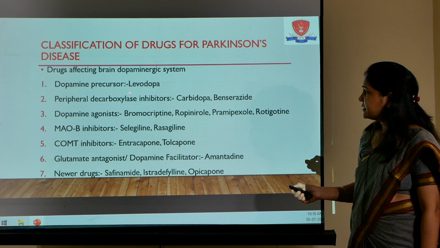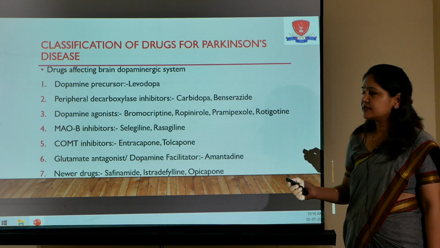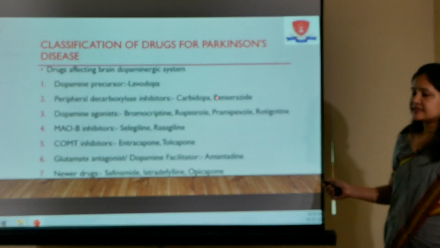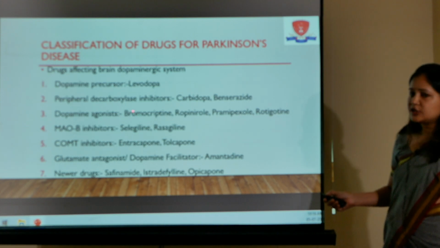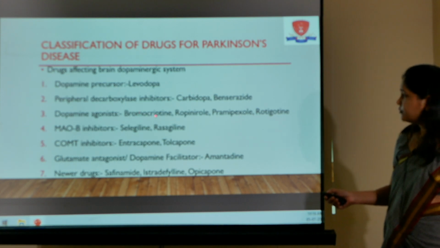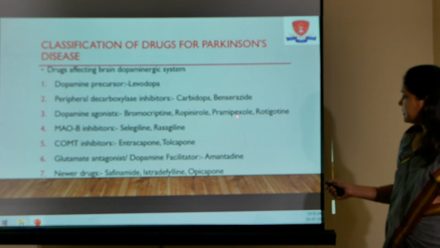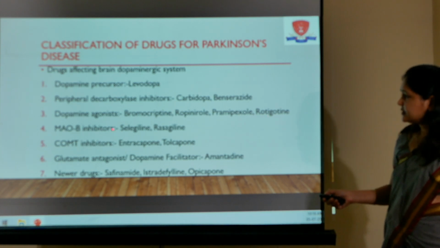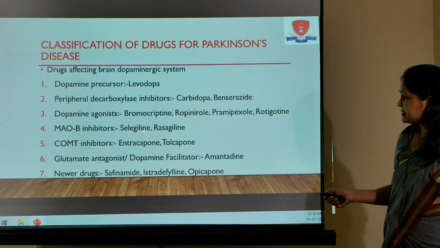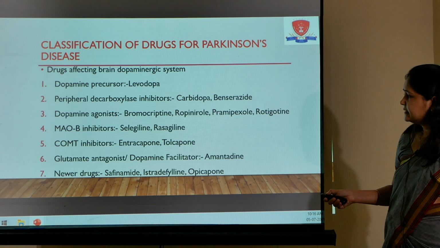Then there are peripheral decarboxylase inhibitors like carbidopa and benserazide. Then the dopamine agonists, which act directly on the dopamine receptors: bromocriptine, ropinirole, pramipexole and rotigotine. Then MAO-B inhibitors, which decrease the degradation of dopamine, like selegiline and rasagiline.